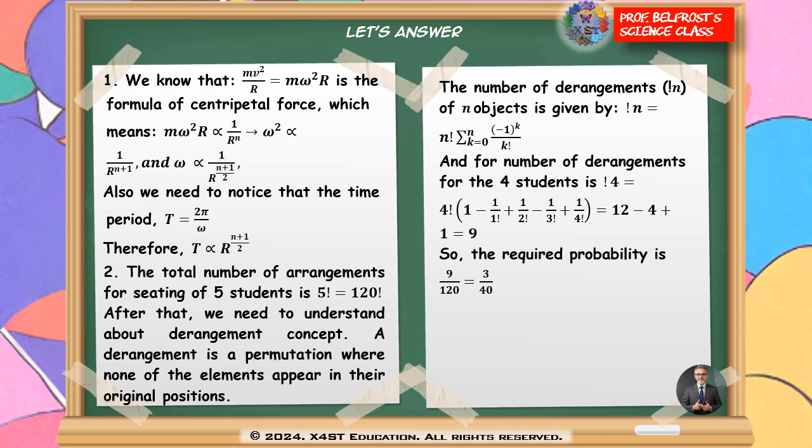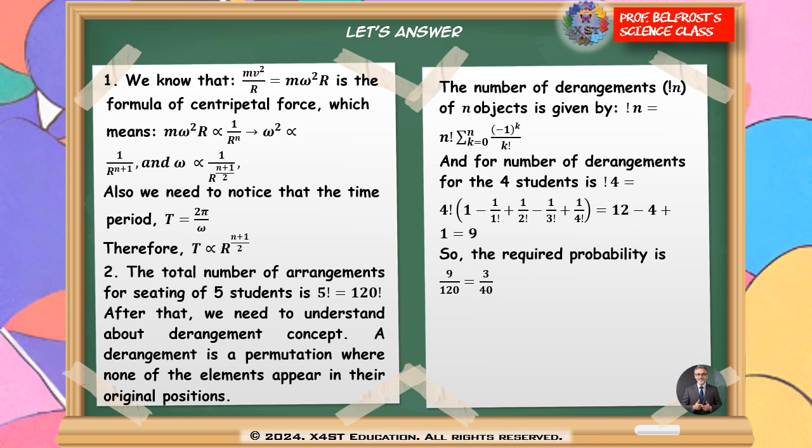Number 2 is mathematics and it's easy. First we need to find out the total number of arrangements for a seating of 5 students. It is 5 factorial, and 5 factorial is 120. After that, we need to understand the concept of derangement. A derangement is a permutation where none of the elements appear in their original positions.